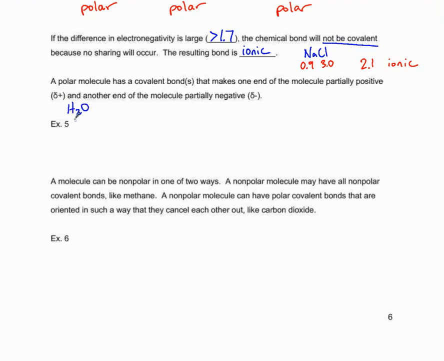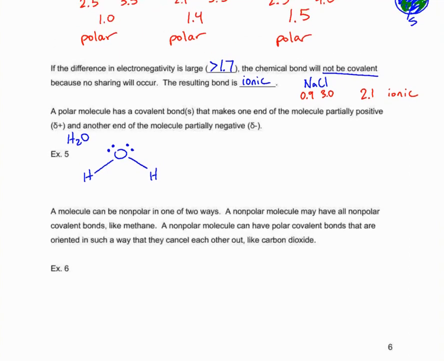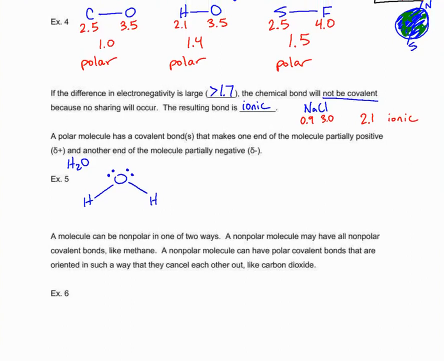If we want to represent water and actually see its covalent bonds, it would look something like this. We have an oxygen, and it is covalently bonded to two hydrogens. And then it has two pairs of electrons that it is not sharing. Hydrogen is not very electronegative.